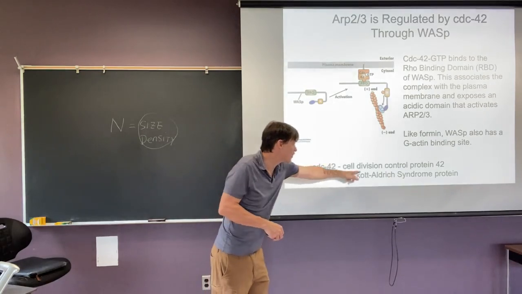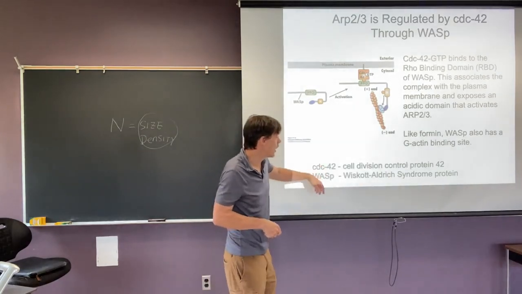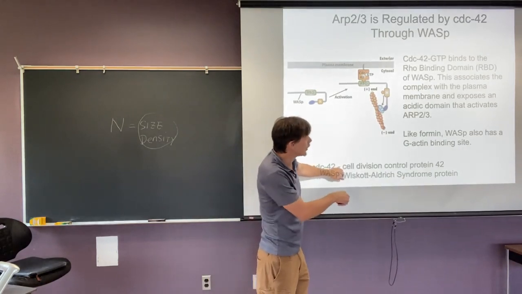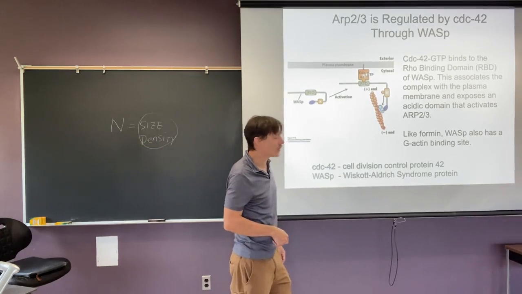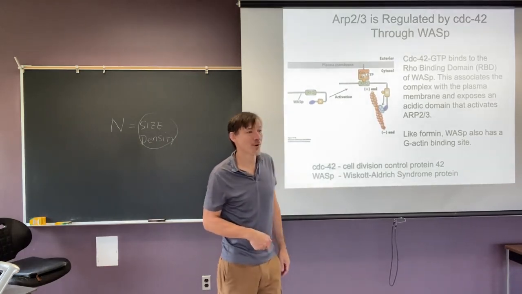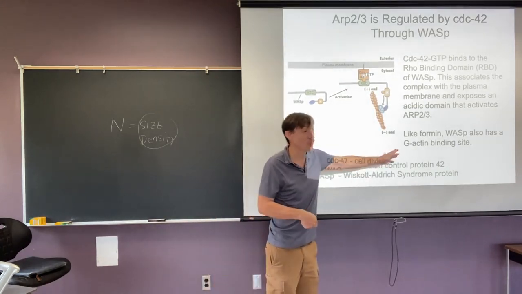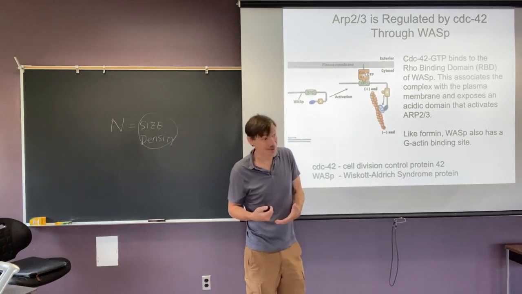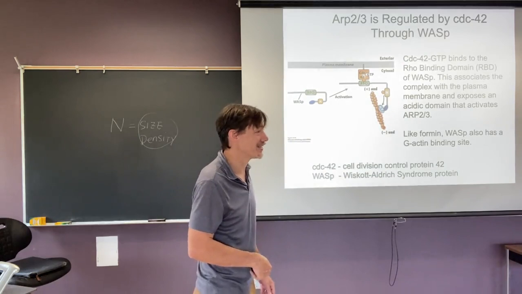So that's where the abbreviation comes from. And CDC42 stands for cell division control protein. I don't recall if it has a molecular weight of 42 when it was discovered, but very often when you see things like 42 in the name, it is the molecular weight of the protein. This is something that I should check and find out.